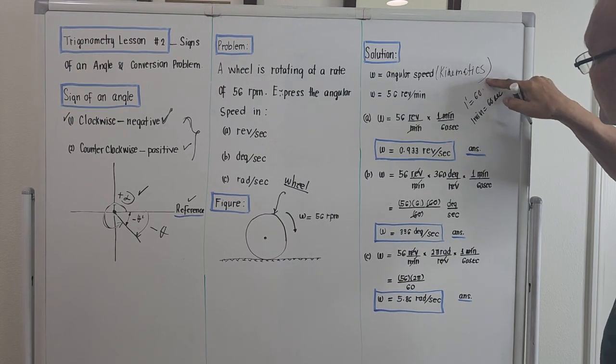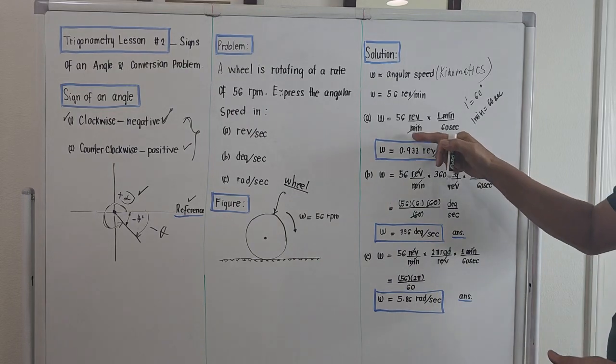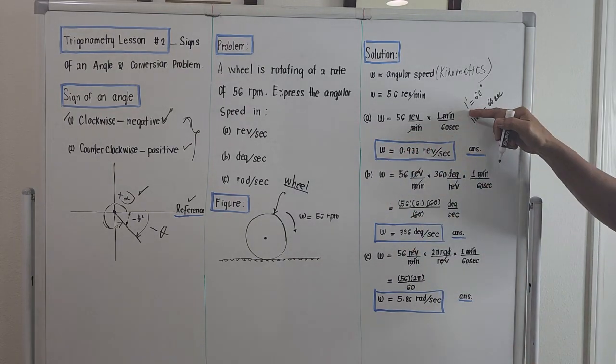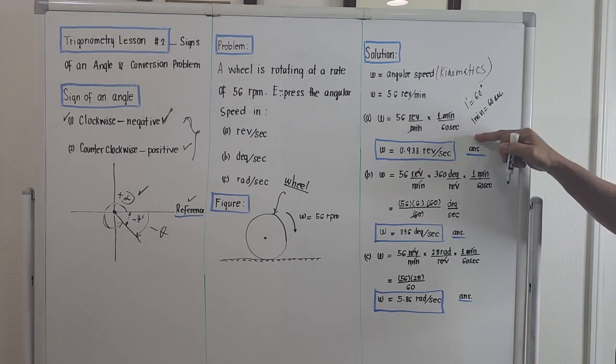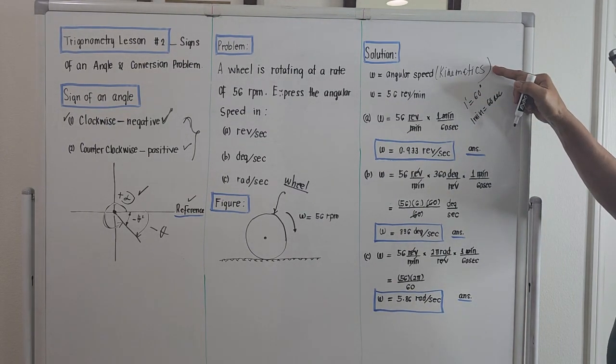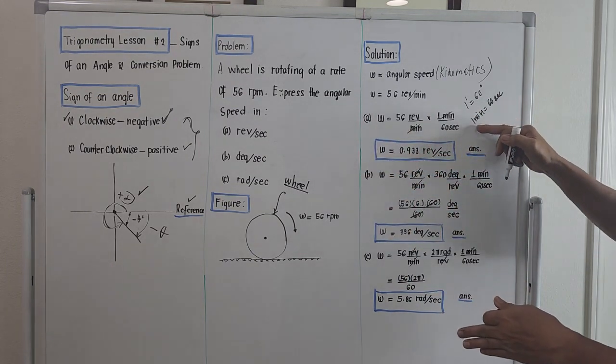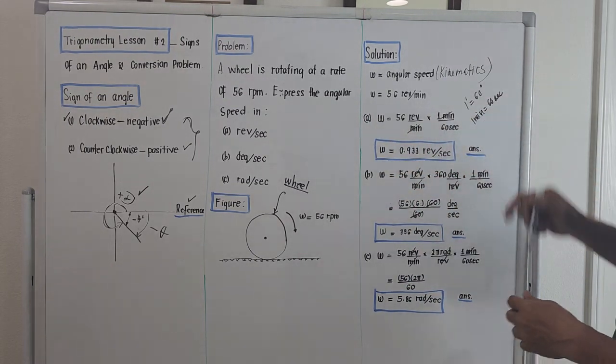Sorry for this one, it should be double prime. Okay? But when you are solving a conversion problem, don't use this one. Use the word thing, right? Because 1 minute is 60 seconds. It's better if you try to solve a problem on the conversion, you will be using this. 1 minute is 60 seconds.